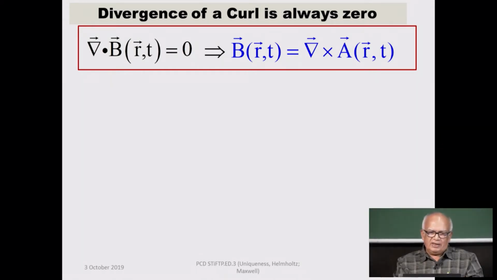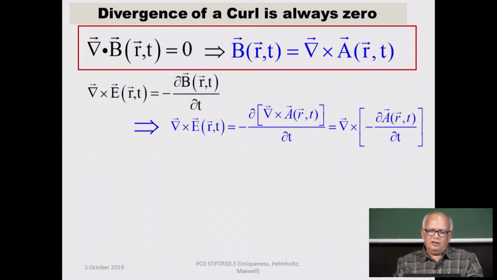This is coming from the fact that we know that the divergence of a curl is 0. And if B is equal to del cross A, then since we know that the curl of E is minus del B by del t, which is the consolidation of the Faraday-Lenz law in Maxwell's theory, we replace this B by the curl of A, and now we get the curl of del A over del t with a minus sign, because differentiation with respect to space variables and differentiation with respect to time are independent.